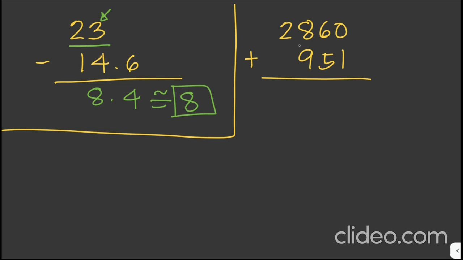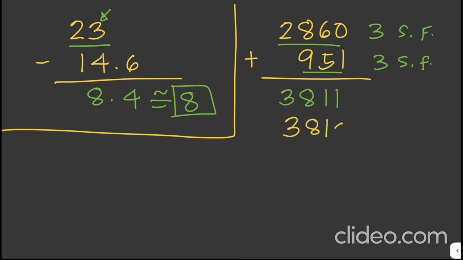The first number has 3 significant figures, while the second number also has 3 significant figures. Therefore, the answer should only have 3 significant figures. So if we add, this would give us 3,811. Since our answer can only have 3 significant figures, our answer can be rounded off to 3,810.